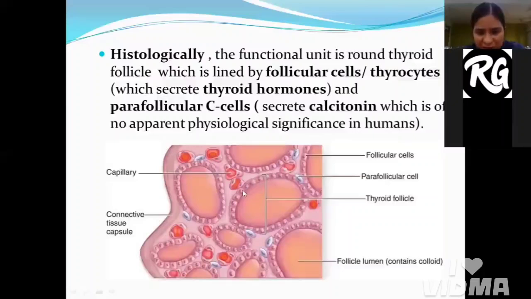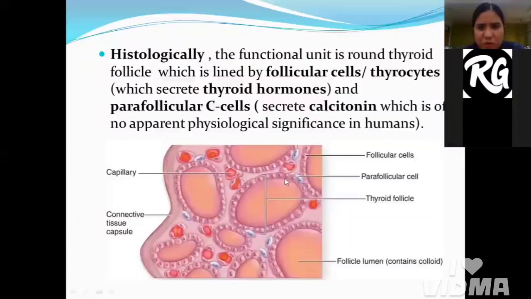The lining is by follicular cells. Inside is the colloid, and these small white structures you can see are parafollicular cells. So those lining the round follicle are follicular cells, and those scattered in between, white egg-like cells, are parafollicular cells.